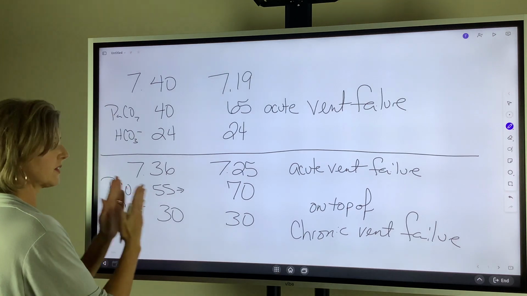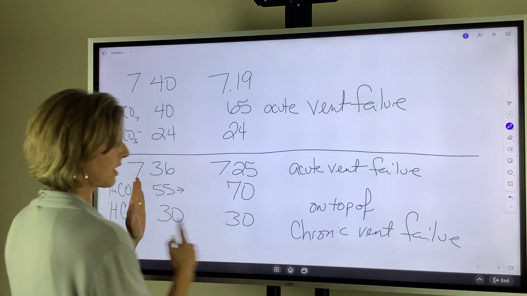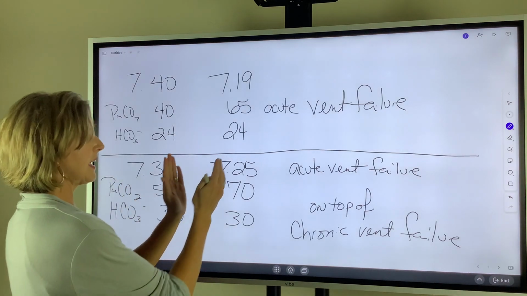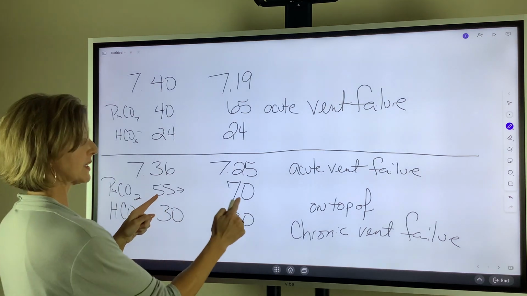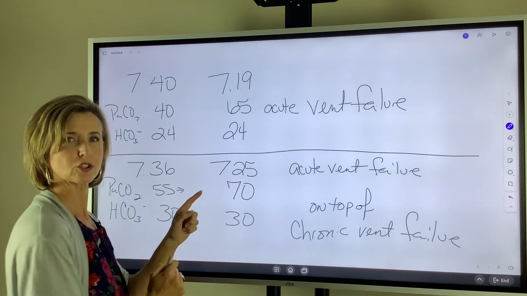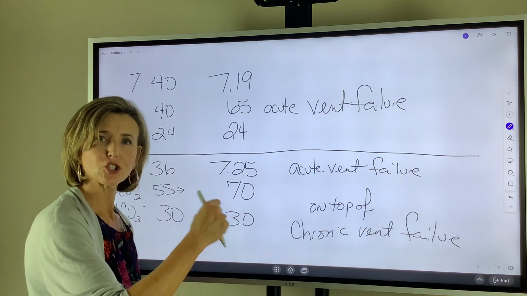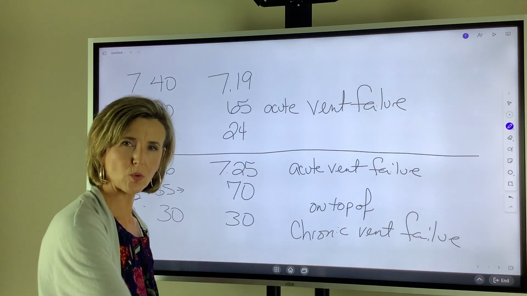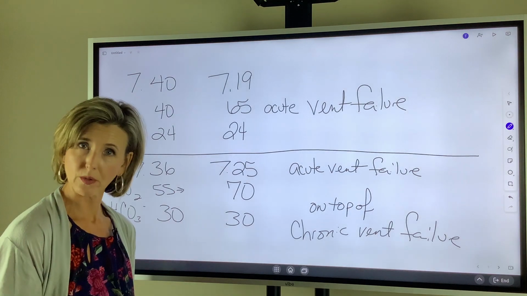They live in chronic ventilatory failure, so we know that this is going to be on top of that chronic condition, and it is an acute ventilatory failure because the CO2 has risen abruptly and the pH has dropped. But it's happened so suddenly that their bicarb hasn't shifted from their normal to stabilize the pH. Okay?